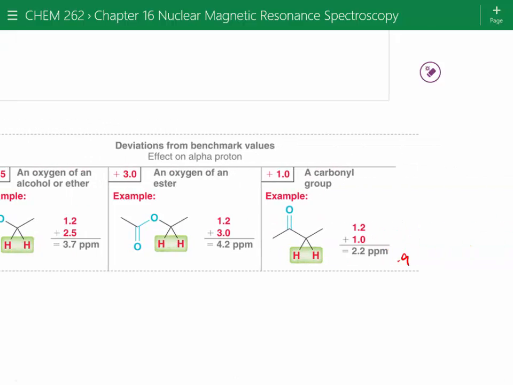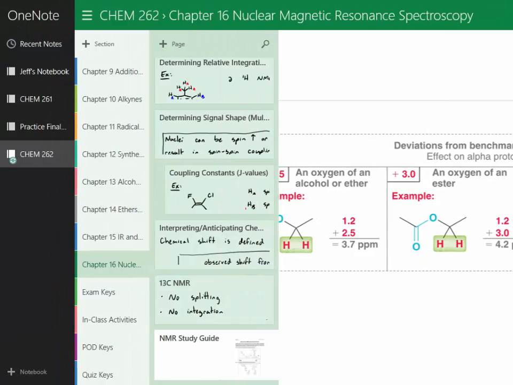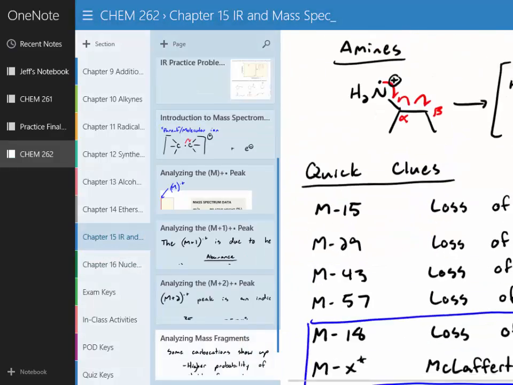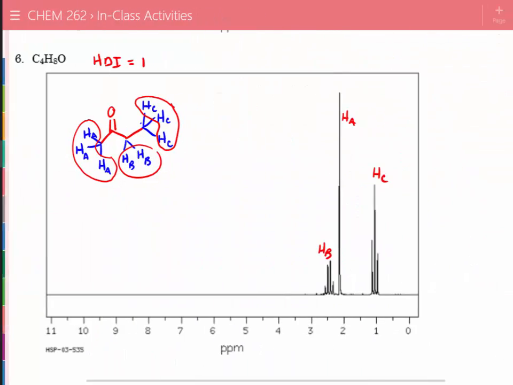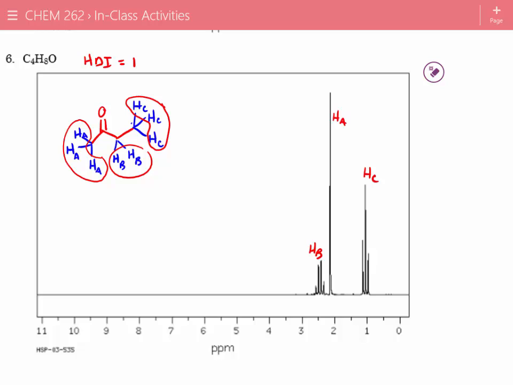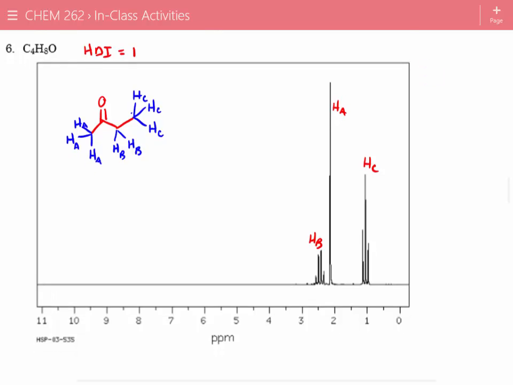If we go over here, 1.2 plus 1 equals 2.2. So it should have a chemical shift around 2.2 ppm. And it's right around 2.5, which is pretty darn close to where it should be. So this looks like great evidence for supporting this ketone that we have drawn here.